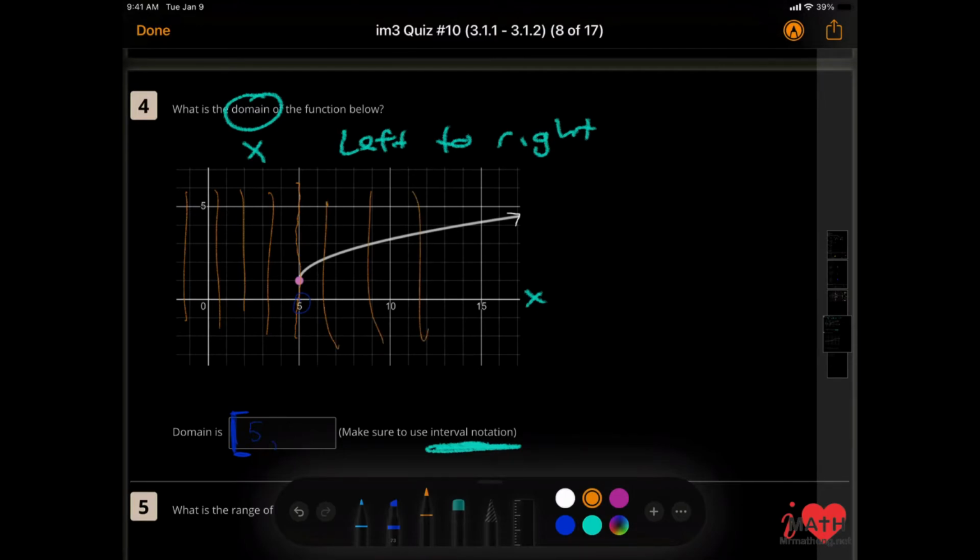And I'm just going to keep going, and then the last thing you touch on your graph is that arrow. Now this arrow is not pointing towards the y-axis, it's just the x number line. So this is negative infinity, this is going towards positive infinity. So the arrow says that the graph's going to keep continuing on. So the answer is going to be positive infinity, and I'm going to use a parentheses always with infinity. So that is the domain.